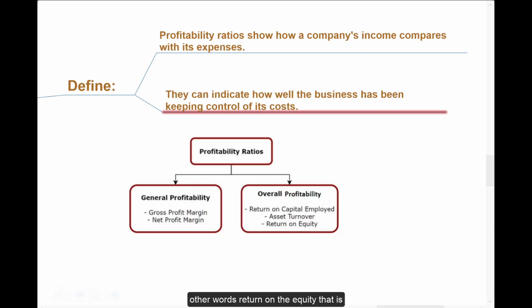In other words, return on the equity that is owned by the owners of this business. We're assuming a limited company here, either public or private. But equity is all about the shareholding, the return to shareholders or what they own in the business.